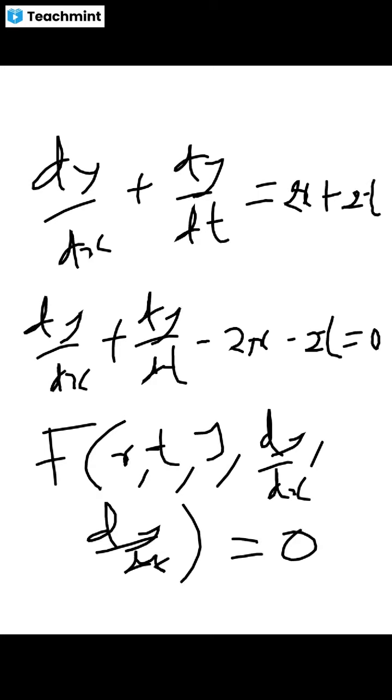So we have our x, we have our t, and we have our y, which is in the partial derivatives, because if you don't have y, you cannot have dy dx and dy dt. Then we have dy dx itself and dy dt itself, everything being equal to 0. So this is how a partial differential equation looks.